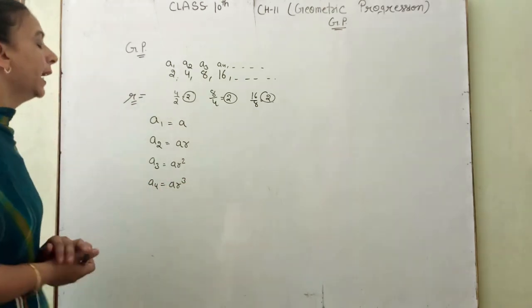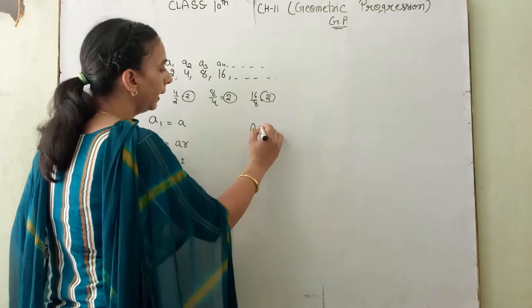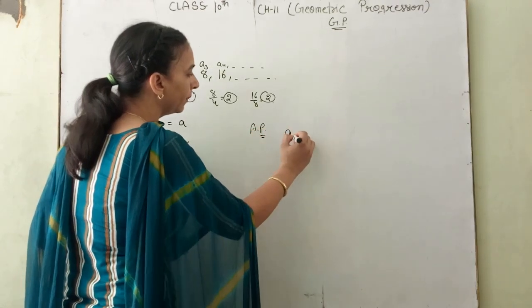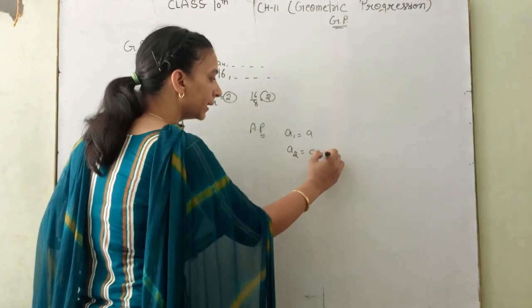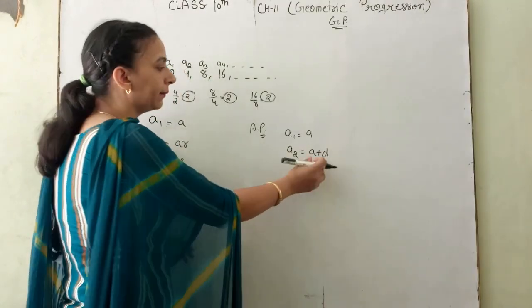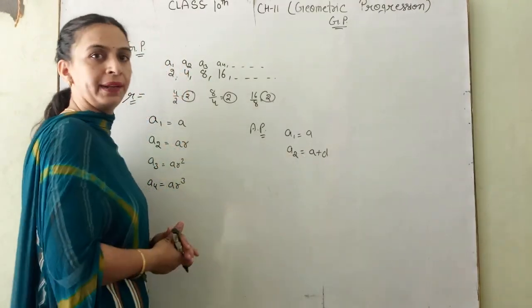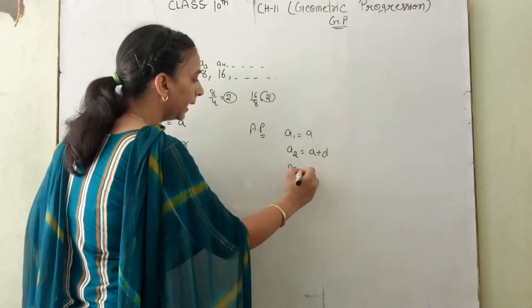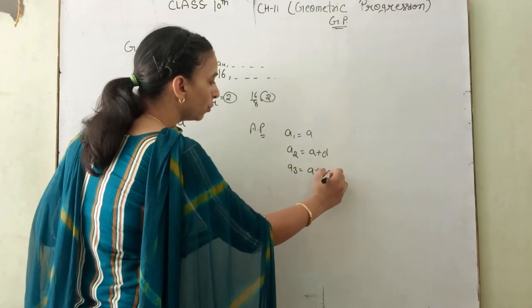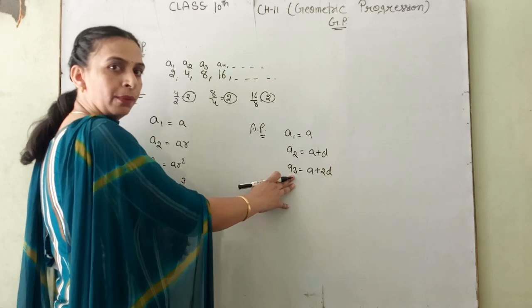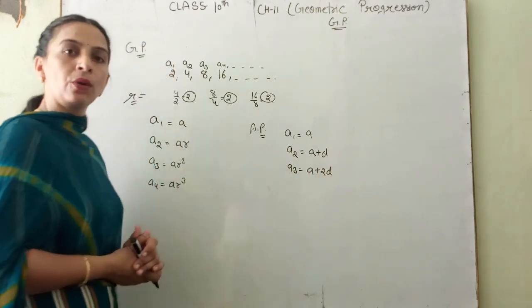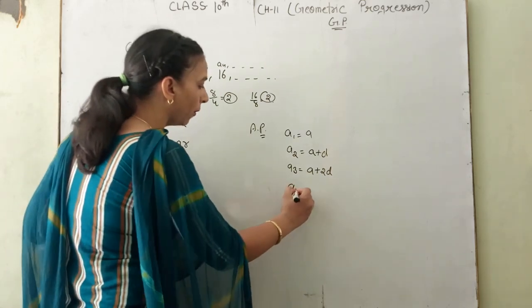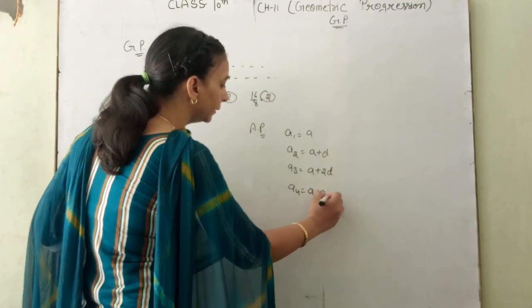Okay students, in AP our first term A1 is A, second term is A plus D, first term plus common difference. A3 equals A plus 2D, the third term of AP is A plus 2 times the common difference. A4 equals A plus 3D.